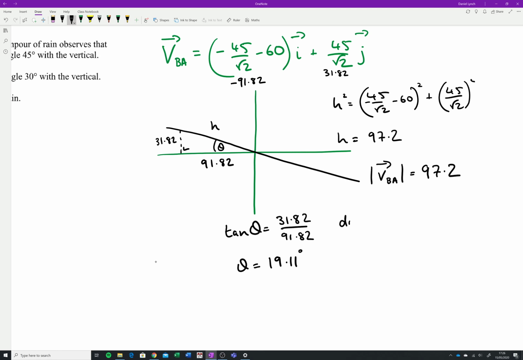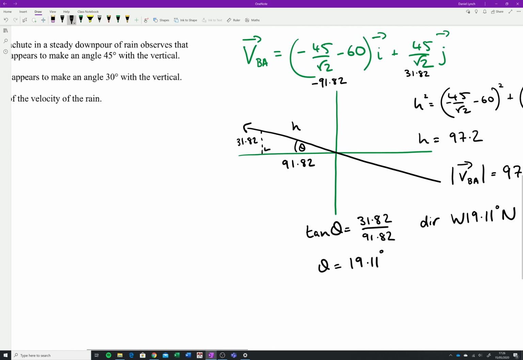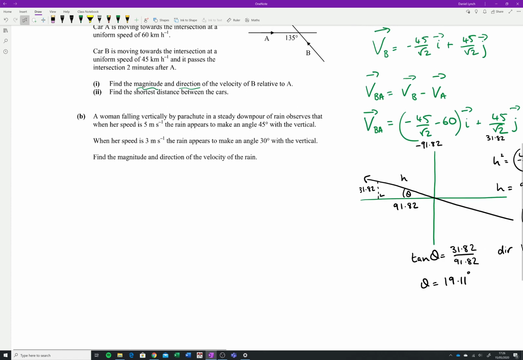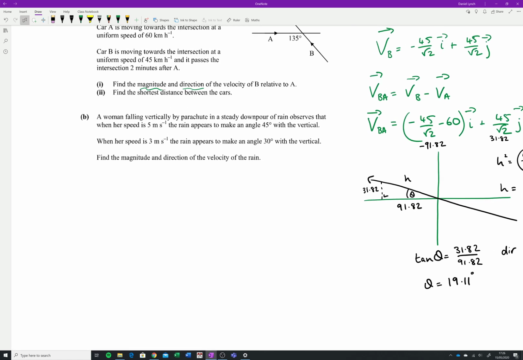So what I would say is that the direction is, what's it going? Remember, it's going in that direction, so that is west, 19.11 degrees north. Okay, there's our answer to the 2 questions that I asked, actually just for part 1.